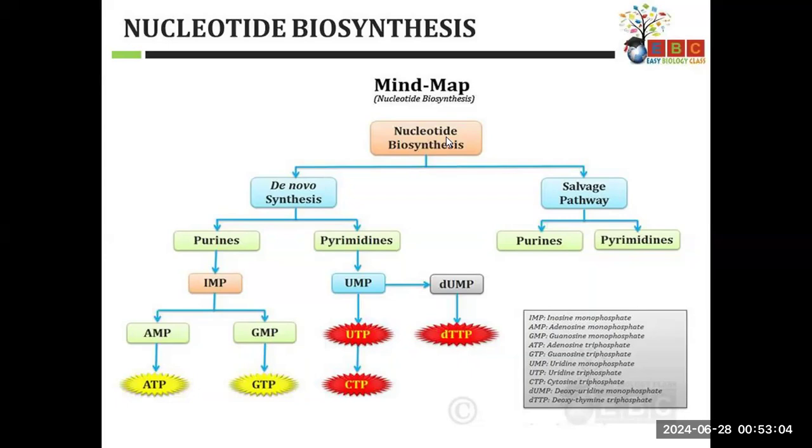Both purines and pyrimidines are synthesized by the de novo as well as the salvage pathway. In the de novo pathway of purines, purine is synthesized.